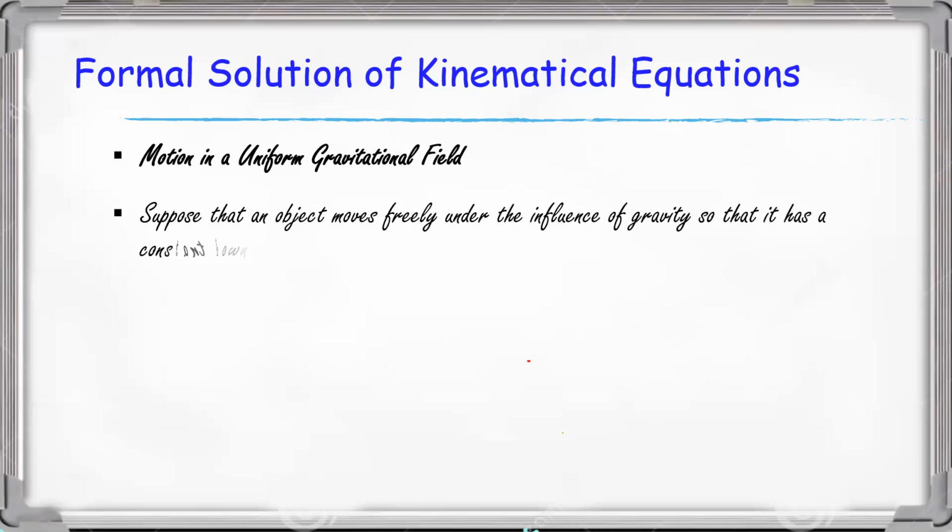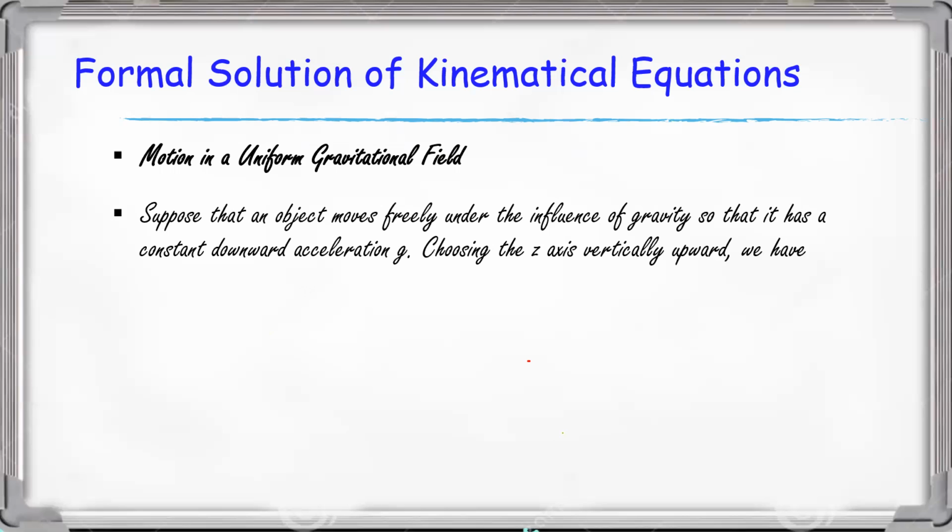Suppose an object moves freely under the influence of gravity so that it has a constant downward acceleration g, small g.